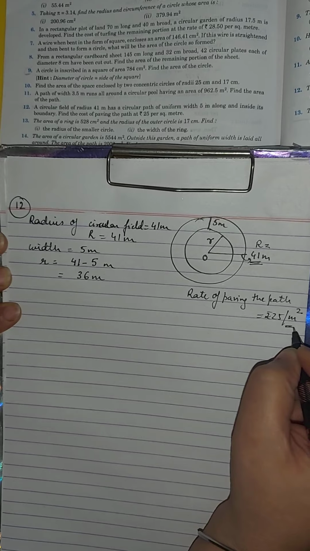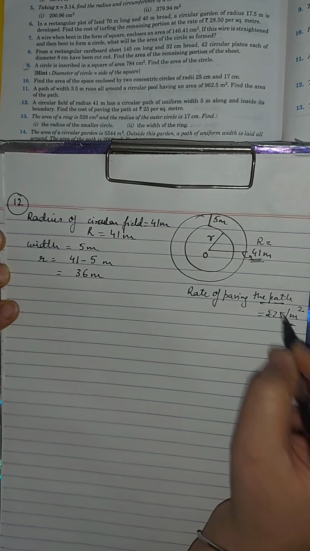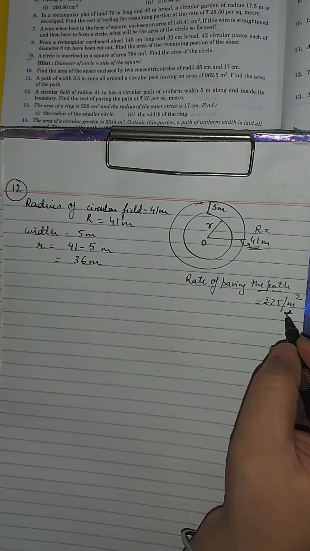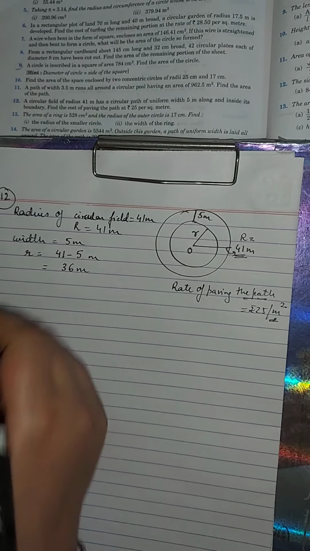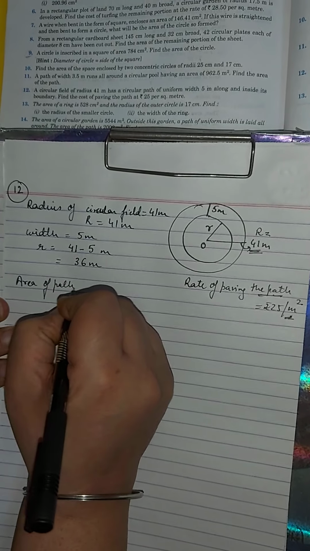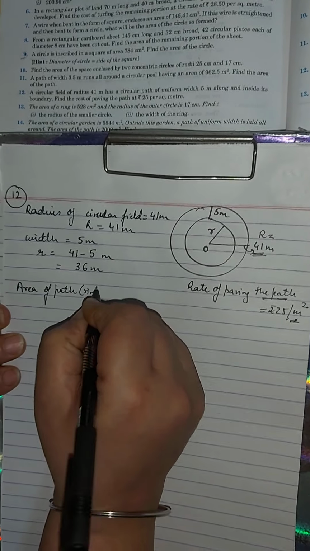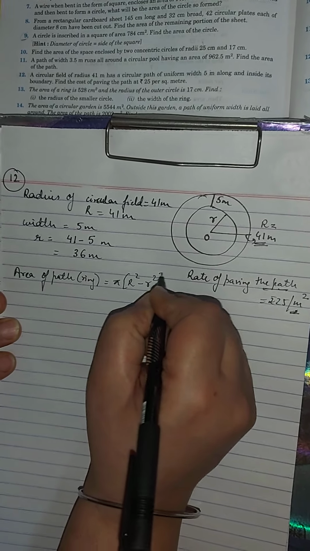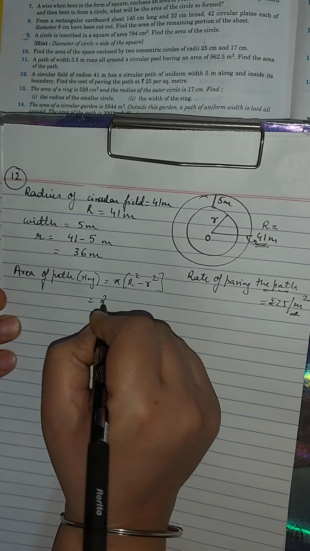It means first we have to find the area of path, क्योंकि meter square में है rate.